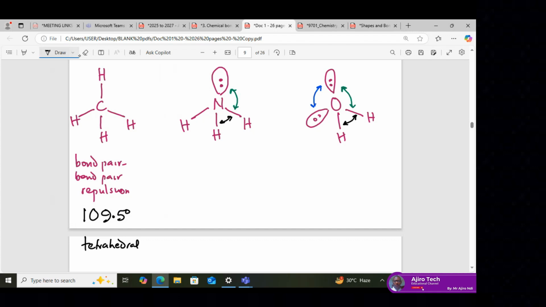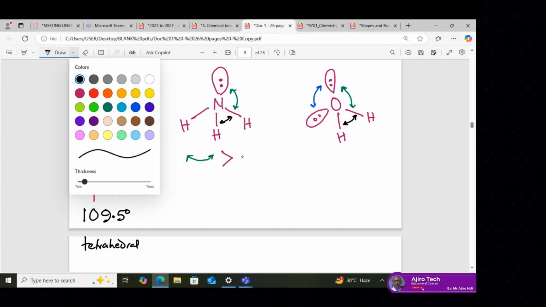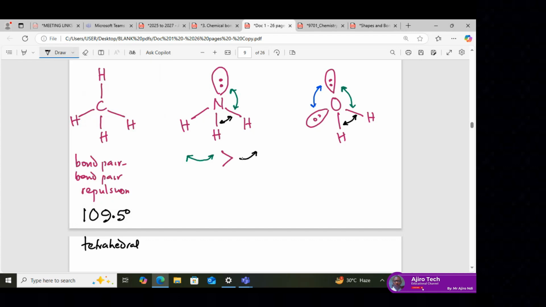I'm saying that lone pair, bond pair repulsion is greater than bond pair repulsion. Do you get it?